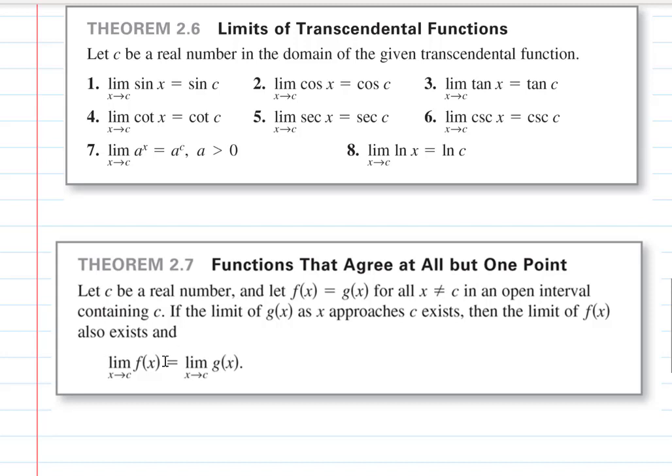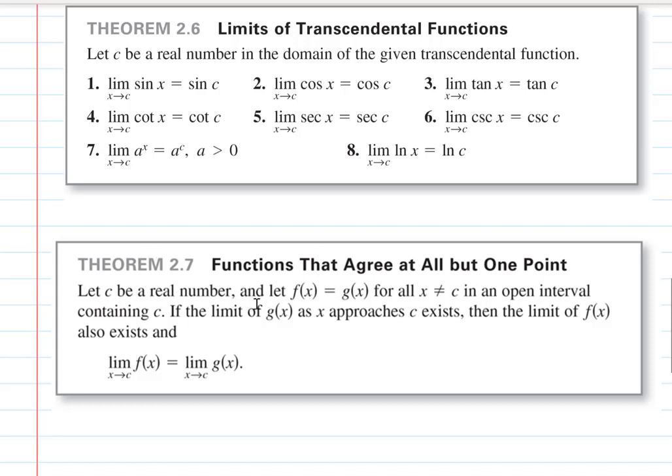So that's basically what this is saying. And we determined that even if there's a hole there, the limit still exists. As a matter of fact, it exists if you have just a hole there, because you're constantly getting closer and closer to that hole. So there's a value there, but it's not defined on the function, or it may be defined somewhere else. So the limit still exists there.